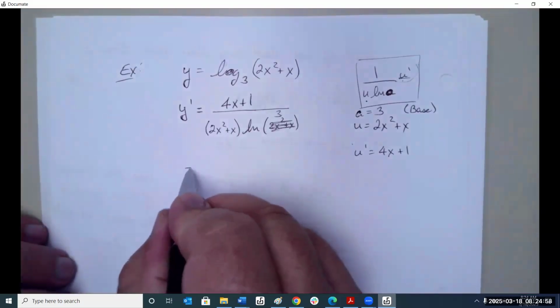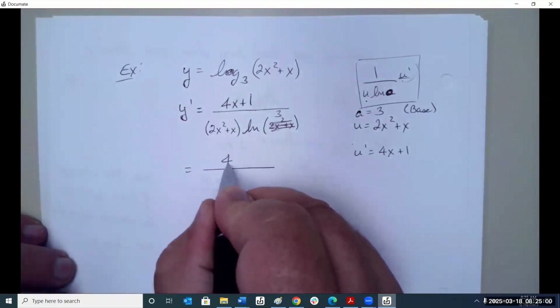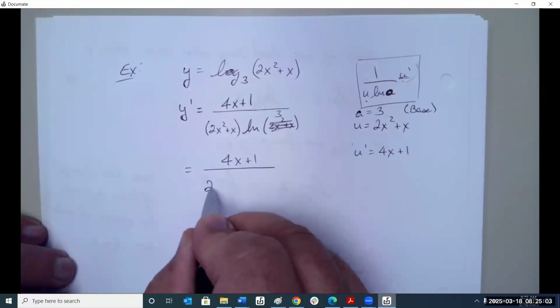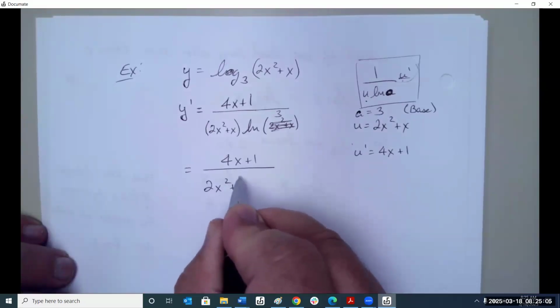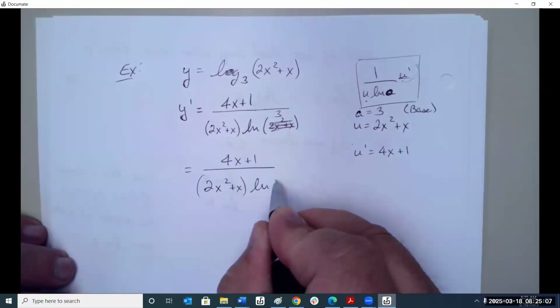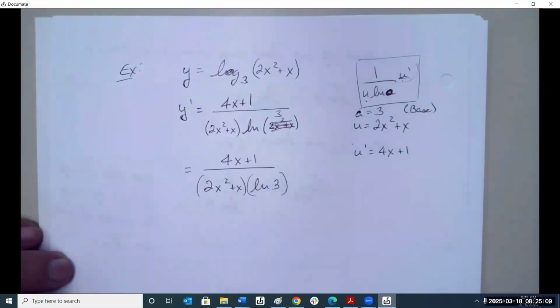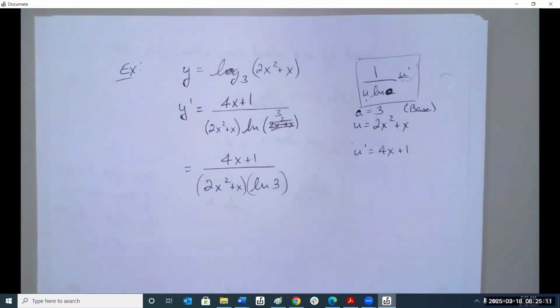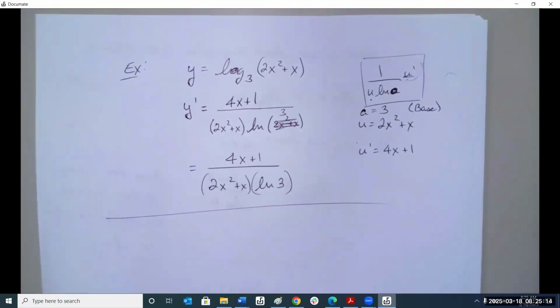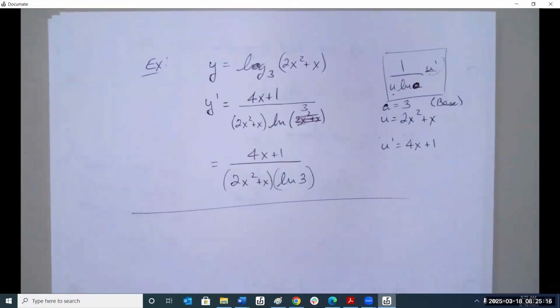My final answer is 4x plus 1 over 2x squared plus x times ln 3. Plug and play.